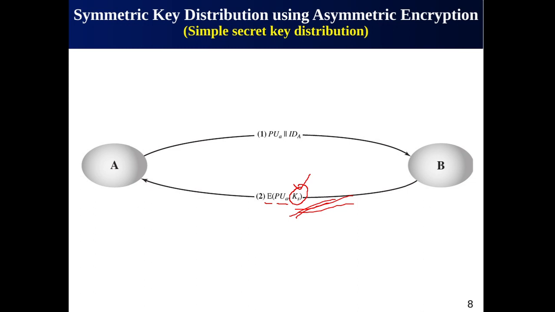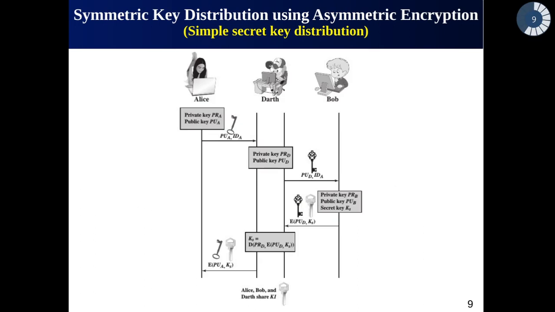So in this approach, no keys exist before the start of the communication between A and B, and none of the keys will exist after the completion of the communication between A and B. So the risk of compromise of the keys is minimal. This simplest secret key distribution protocol seems secure, but it is insecure against an adversary. How? Let us see the insecurity of this protocol.